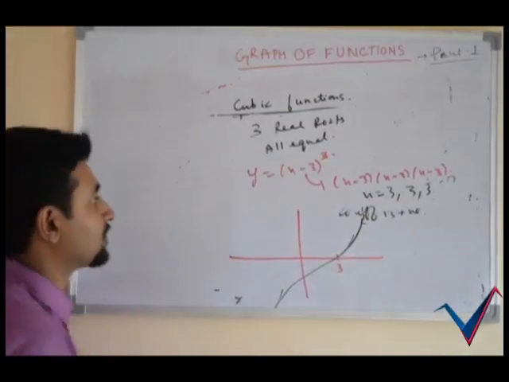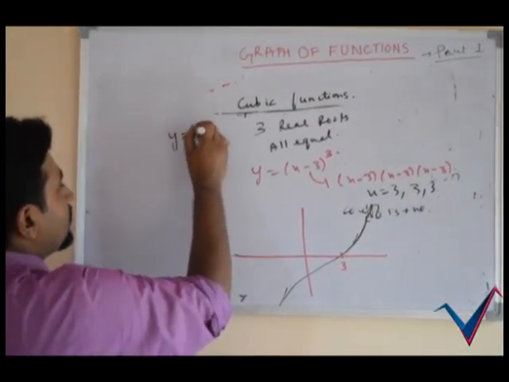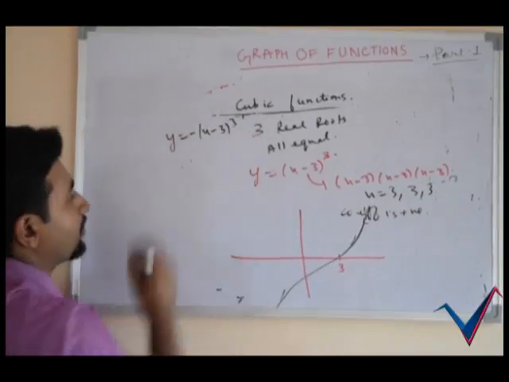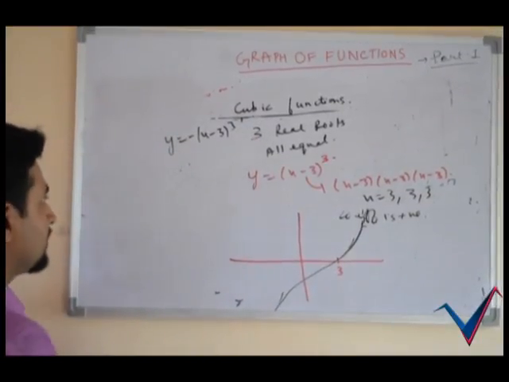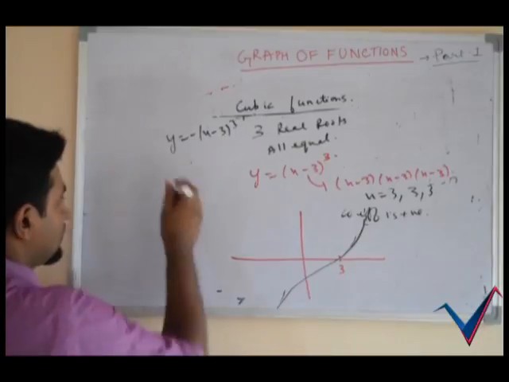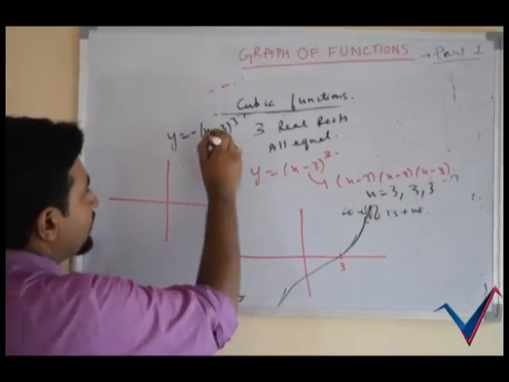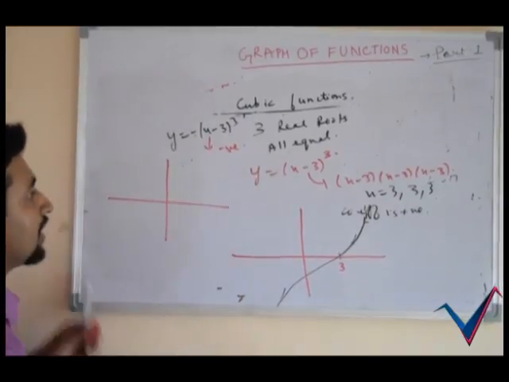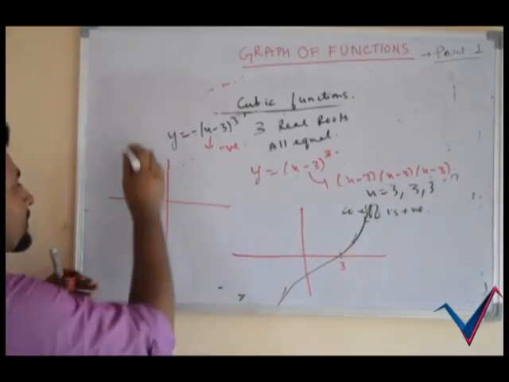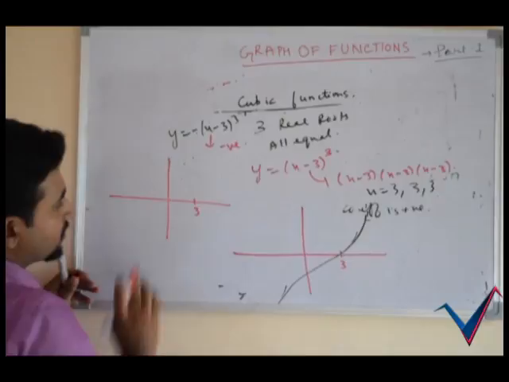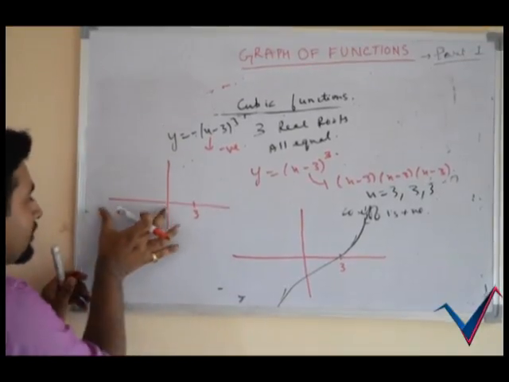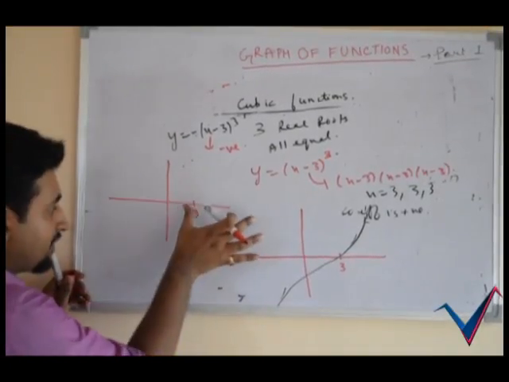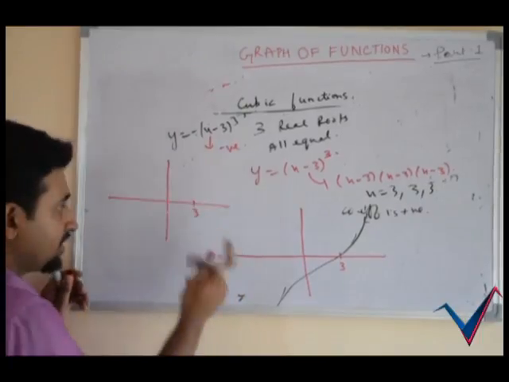Suppose the function is y equal to minus (x minus 3) cubed. Now how would the graph look? What will be the change? Here the coefficient is negative because of this minus sign. So for the graph, you first plot 3 here. Then when x is negative, y will be positive. When x is positive, y will be negative because the coefficient is negative.